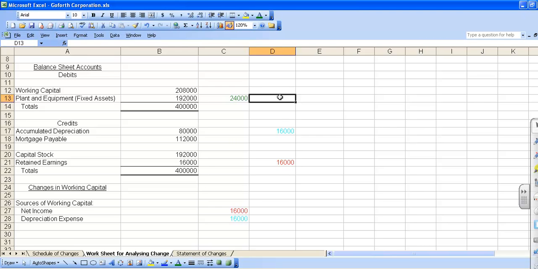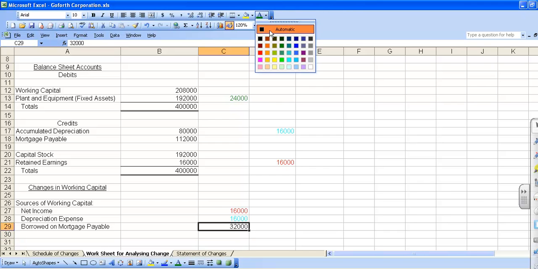D, cash received from addition to mortgage payable. So we're getting more money. So that's going to be a source of our working capital. So we're going to call that borrowed on mortgage payable. And the amount that we borrowed is going to be a debit on our changes in working capital part, $32,000.